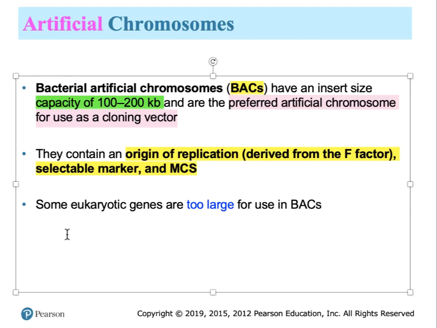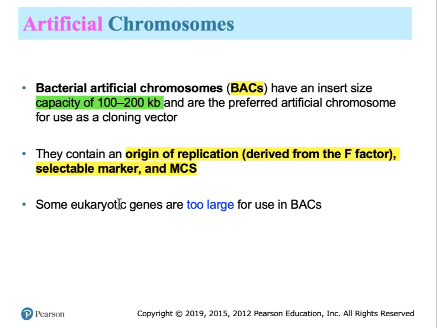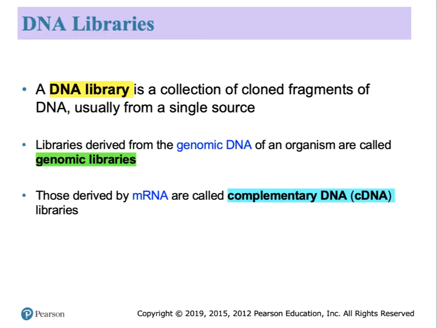Sometimes your DNA of investigation may be even too large for these systems to handle. What do you do in that case? Well, you can generate cDNA libraries, or you can generate yeast artificial chromosomes, which can carry a couple of million base pairs of DNA. Let's focus in on DNA libraries.